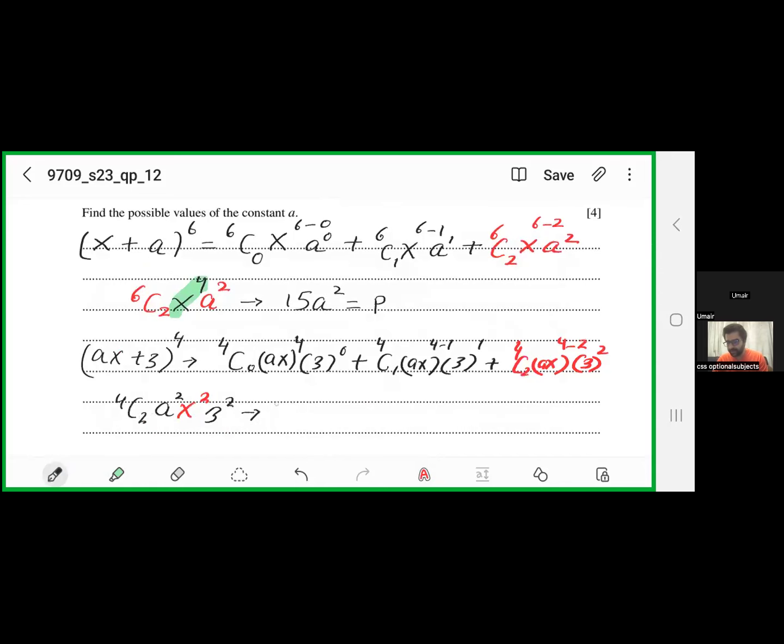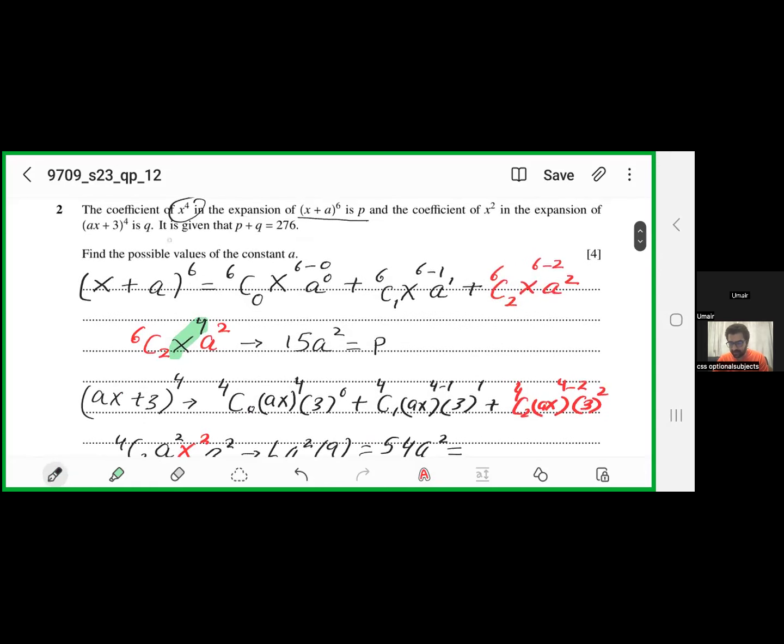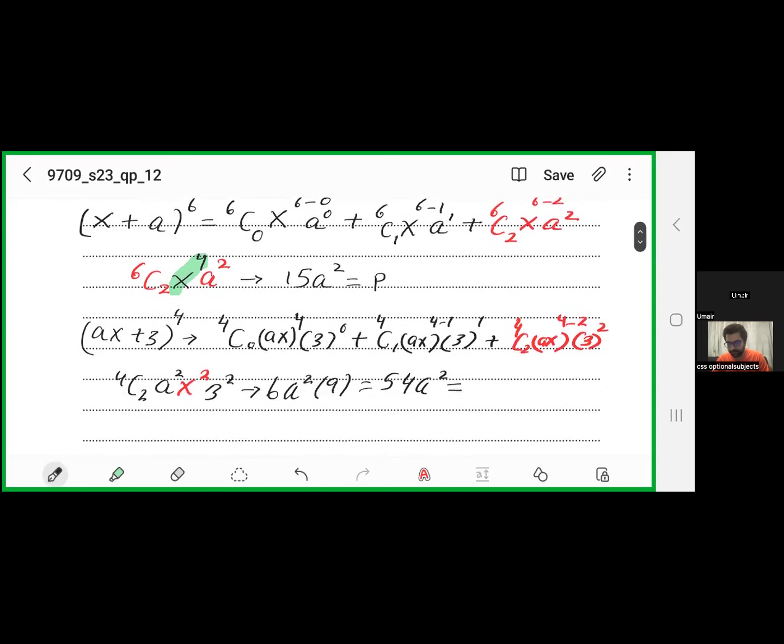So it will be 6 a square and 3 square is 9. So this is 54 a square. This is the coefficient of x square, and that should be equal to q, as they have given us. So this is the second condition that we have obtained. This was the first one.